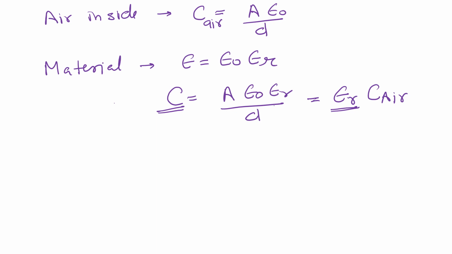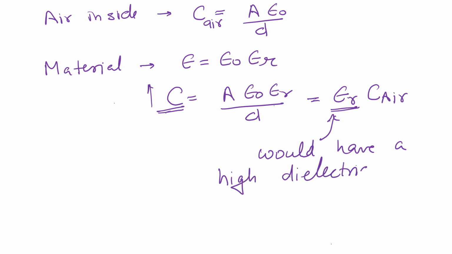We will see later that the energy being stored in a capacitor depends upon capacitance. We want the capacitance to be as high as possible. So for practical purposes, most capacitors would have a high dielectric permittivity material between the plates.